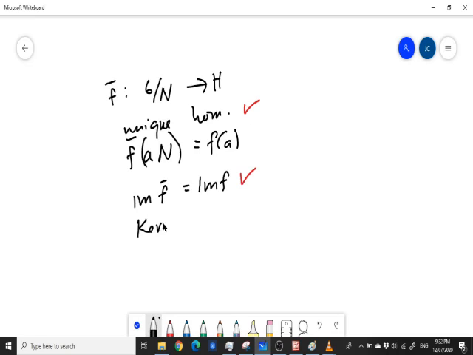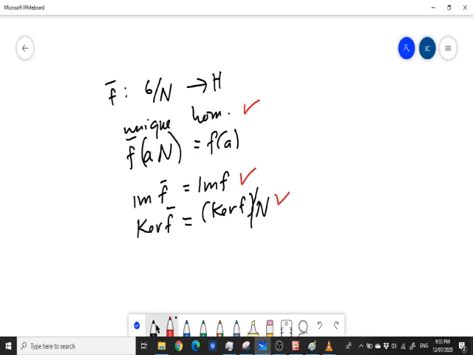The kernel of f bar equals kernel of f mod n. That is already shown.